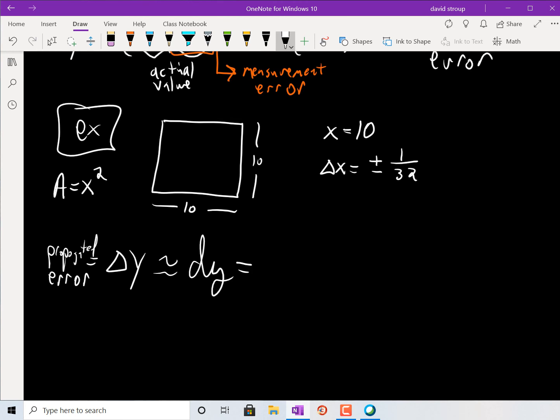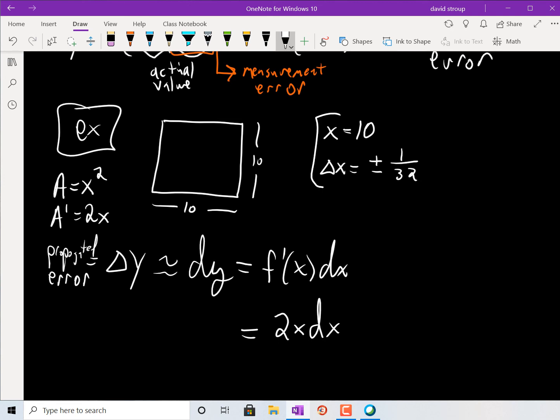So dy, we recall, is just f prime of x times dx. In this problem, our f of x is x squared, and f prime then is 2x. So dy is 2x times dx.